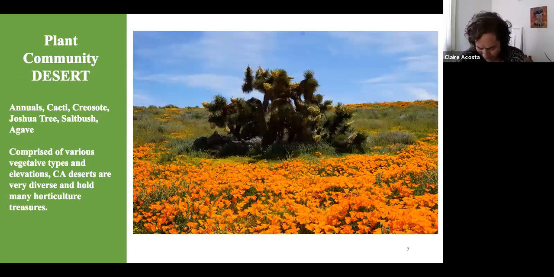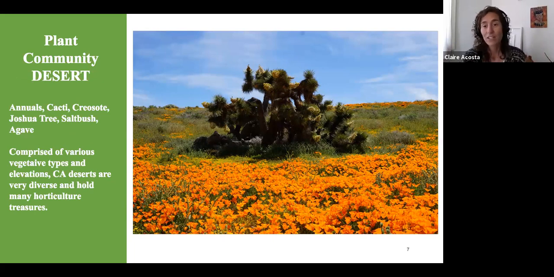Desert plant communities, you guys are probably really familiar. Pretty iconic plant community. There are a lot of different vegetation types and at different elevations too, right? There are low and high deserts, and they're very diverse, and there are a lot of horticultural treasures there because they're so resilient. They can handle really high temperatures and really long stretches without water.